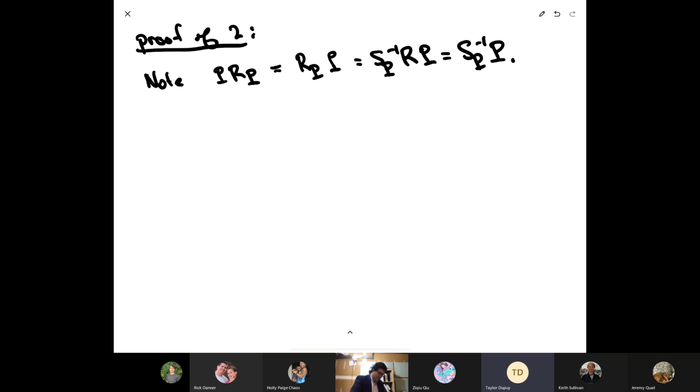Okay, and so now what do we have? So this means R_P mod P R_P. So this is just kind of like one of these things where you're just changing notation to make things easier.